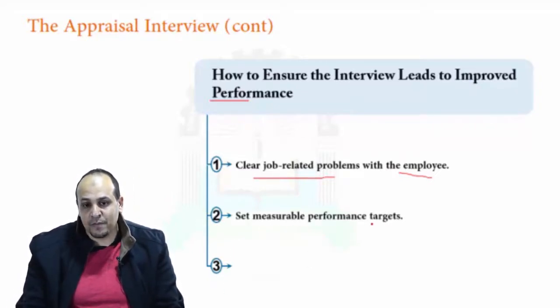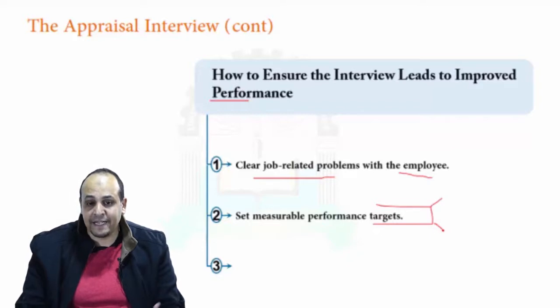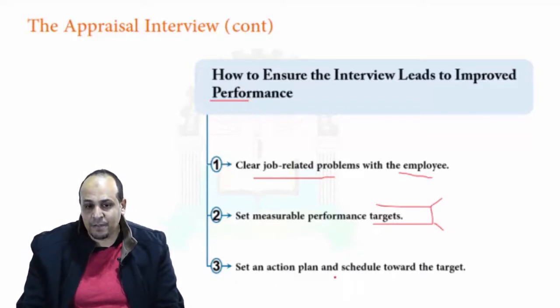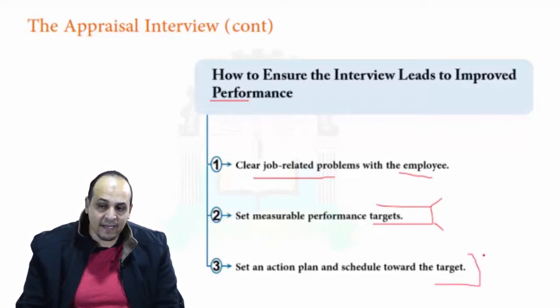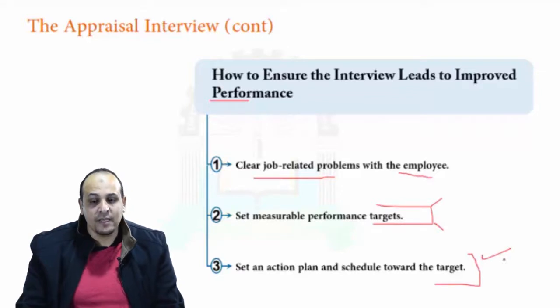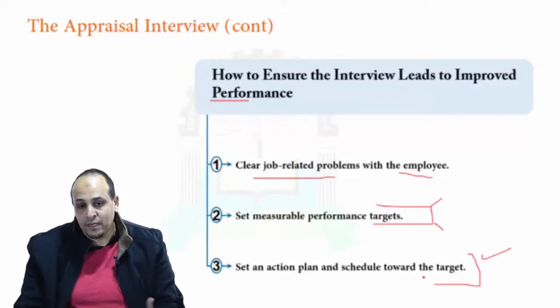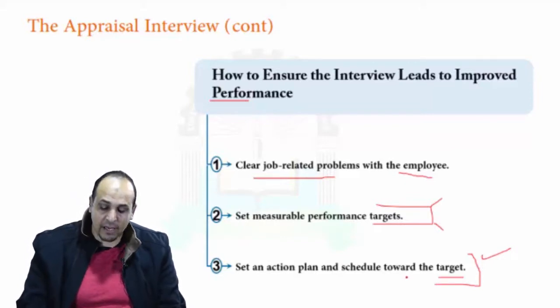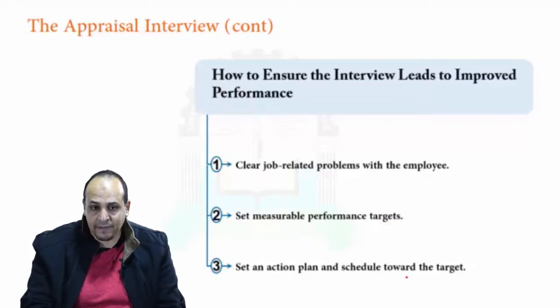Set measurable performance targets, so both supervisor and the employee will be clear about the targets. And finally, set an action plan and schedule toward the target. So there must be a time determined and standards set by the supervisor for the employee, to help the employees go on the right path.